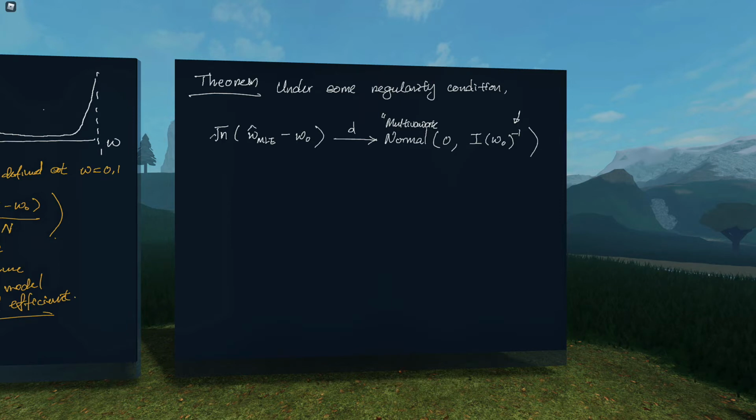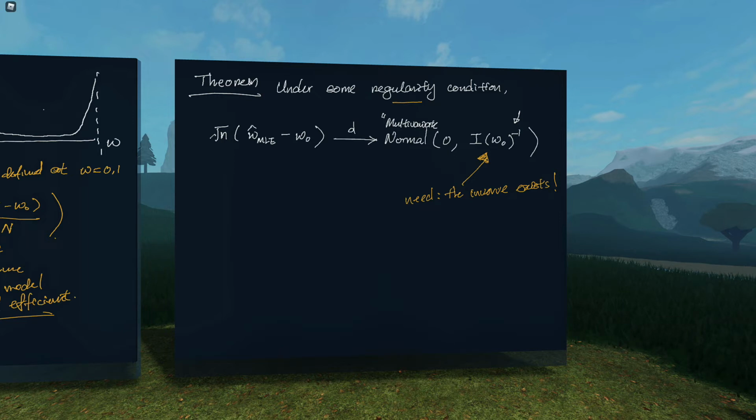Even if the regularity conditions are satisfied, we still need something for this statement to make sense, which is that the inverse exists. We need this to be true. And this is perhaps the more important condition in what we mean by a regular model.